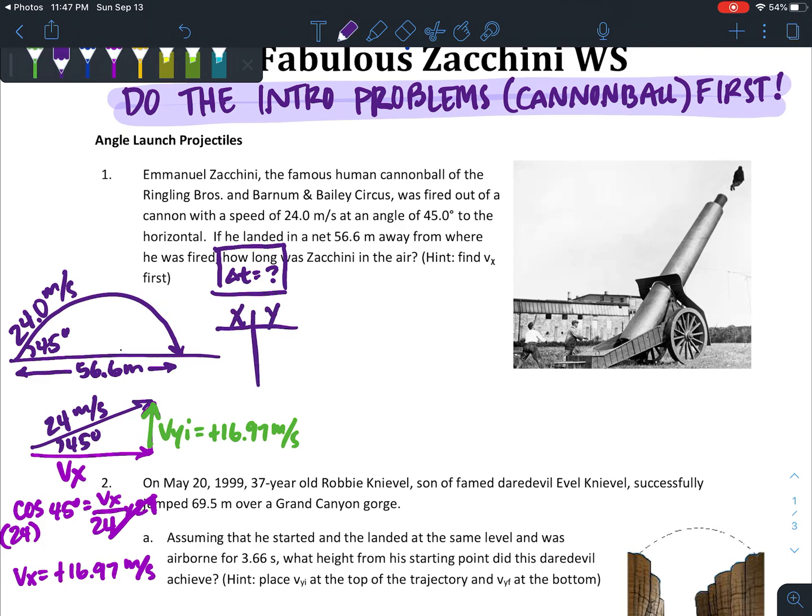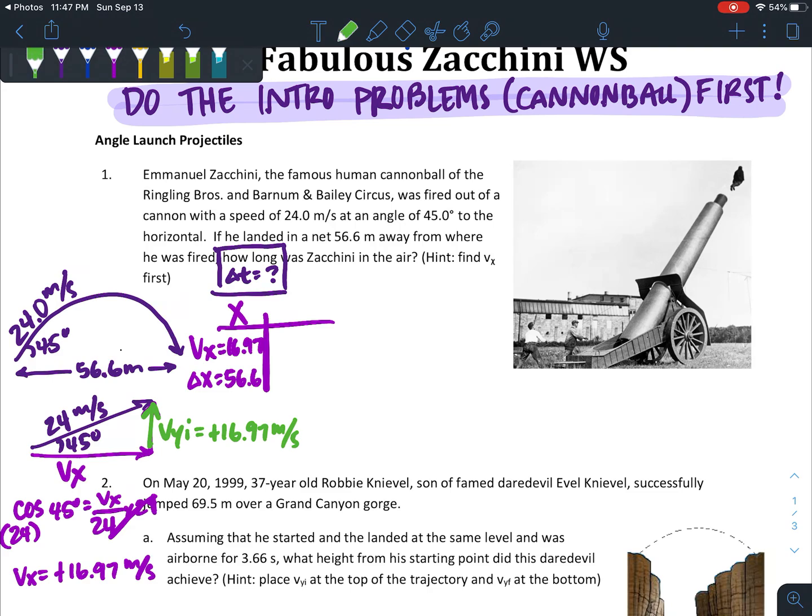Okay, next I'm going to make my XY chart. Okay, so I happen to know that Vx is that 16.97. I'll give myself a little more space here. Okay, so I've got Vx equals 16.97. I've got delta x equals 56.6.